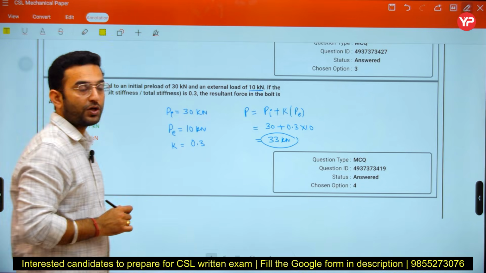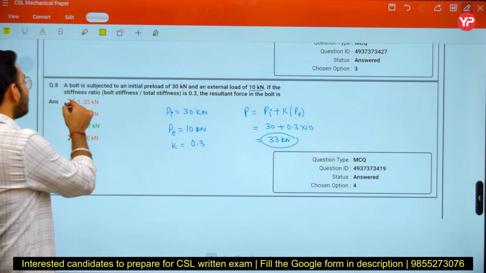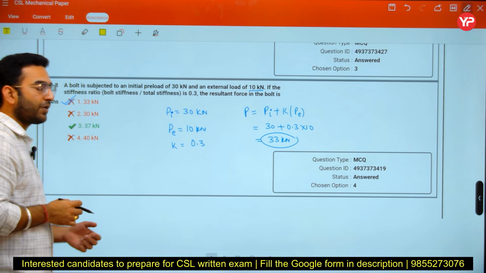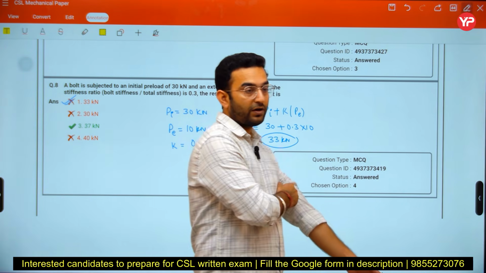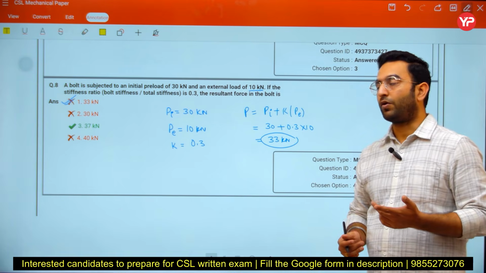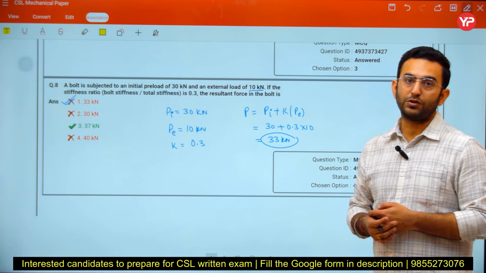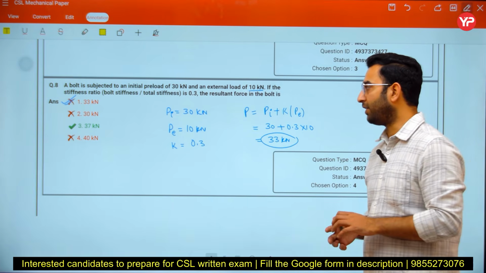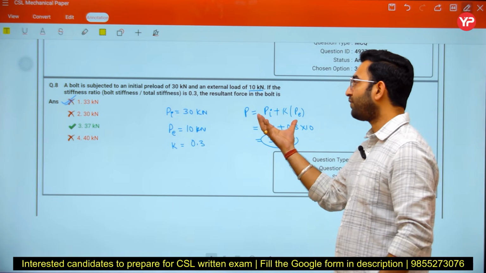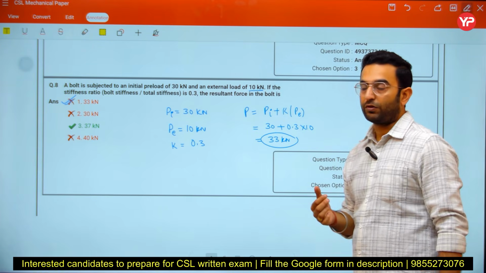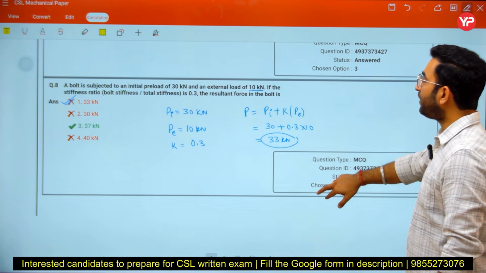Now in this case option number A is going to be the correct answer here. So here you can raise an objection, and if you want to get a source, you can mark the source from VV Bhandari, or you can mark the source from RS Kurmi also, machine design by RS Kurmi or machine design by VV Bhandari. There you can see the simple formula relating to the stiffness ratio, initial preload and the external load also.